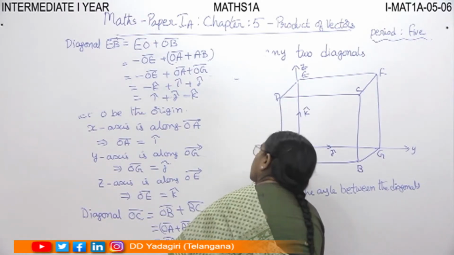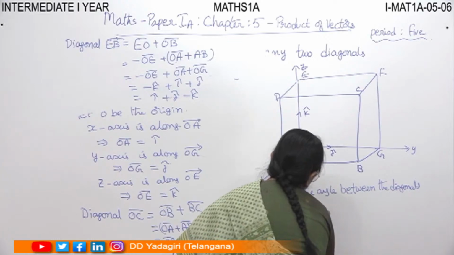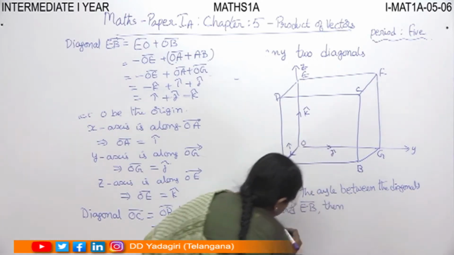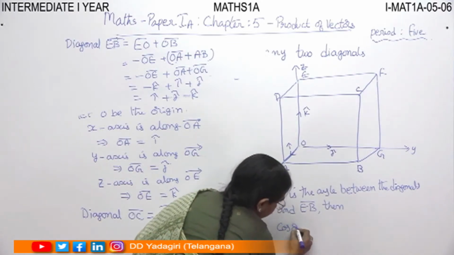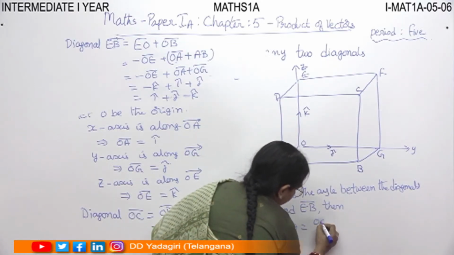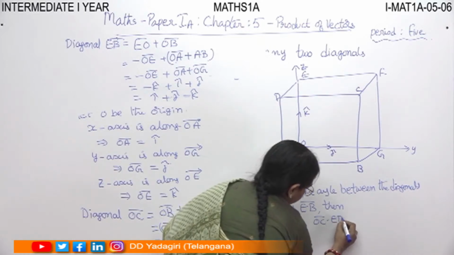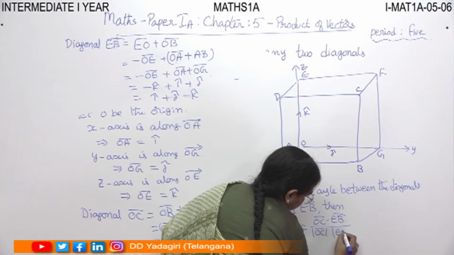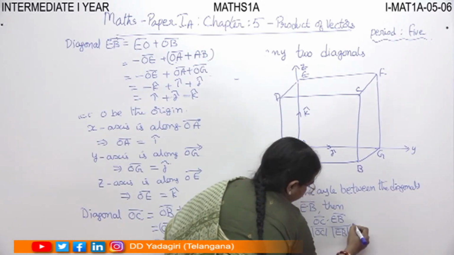OC and EB. Then we have the formula: cos theta is equal to OC dot EB by mod OC into mod EB.